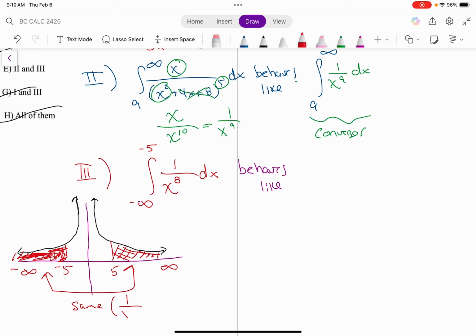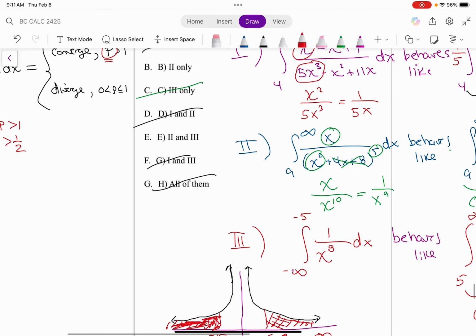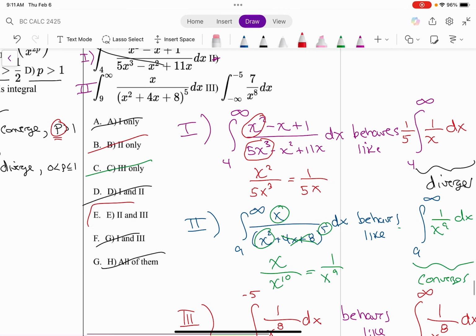Let me just comment on that. 1 over x to the 8th is an even function, which means it's symmetric over the y-axis, and those areas match. So I could say this behaves like the integral from 5 to infinity, and we recognize that as one that converges. And so that means 3 is in, which gets us our final answer of E.